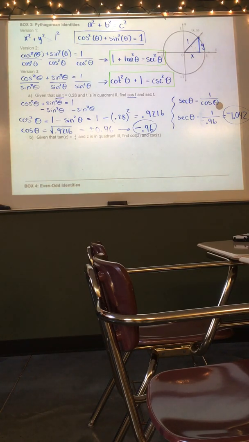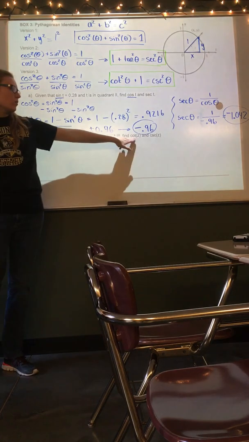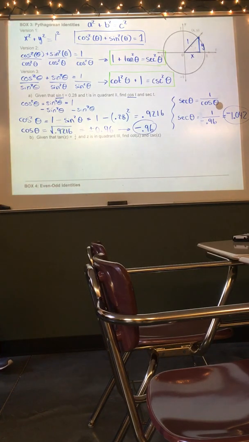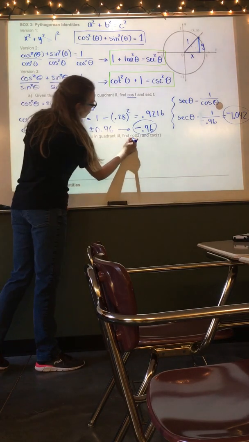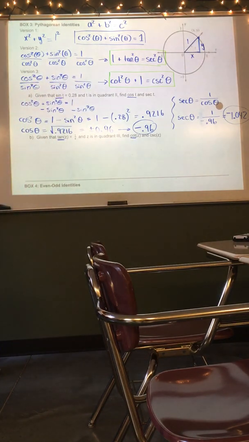Okay, so let's do one more together here. Tangent is 3 over 4. What is cotangent? What's the connection between tangent, which we're given, and cotangent? Tangent and cotangent are reciprocals.